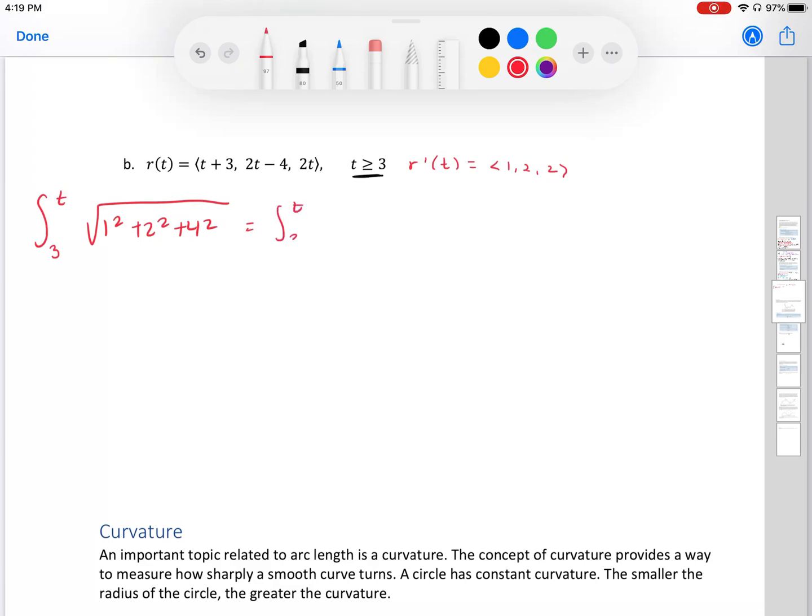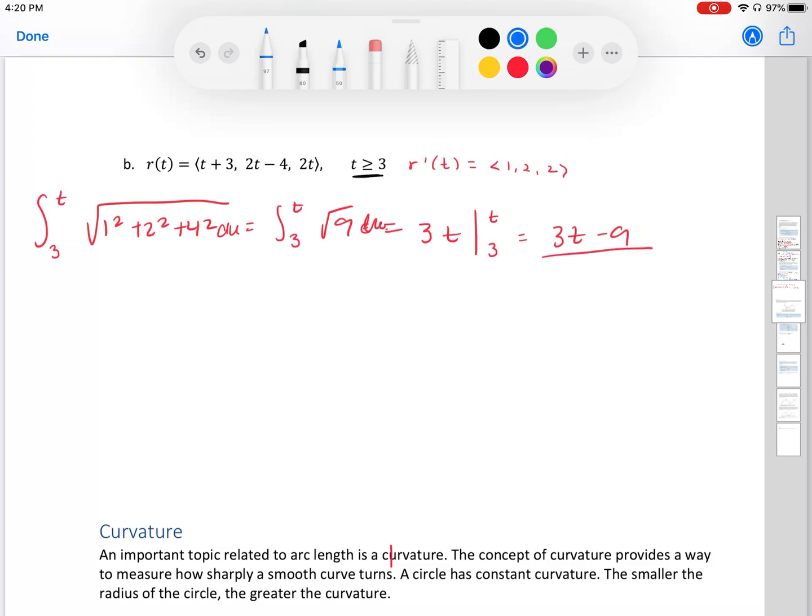That gives us the square root of 9. Let's apply the integral. The square root of 9 is 3, so we have 3t from 3 to t, so that we're left with 3t minus 9.